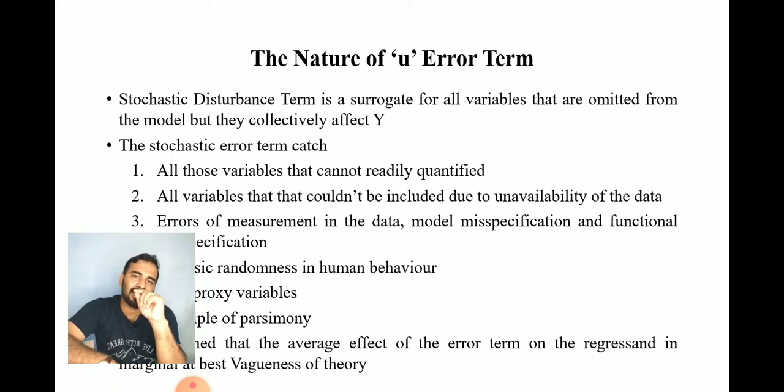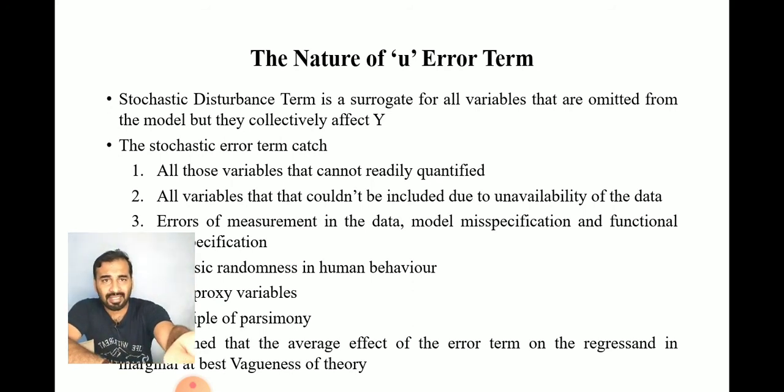For example, in our consumption function, consumption is a function of income. Apart from income, there are some factors that someday may be measured and someday may not be. Individually they may have a very negligible effect on y, but collectively they may have some effect. So instead of such variables we put a term u, which collects the total effect of these unobserved variables.